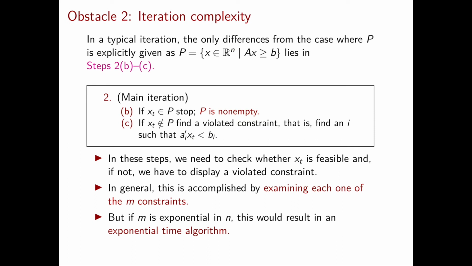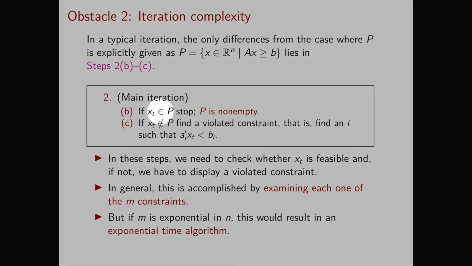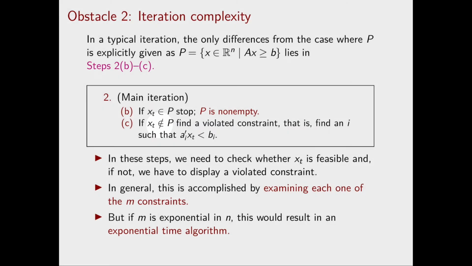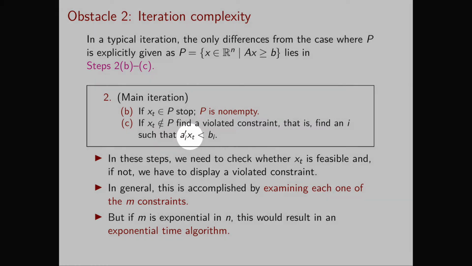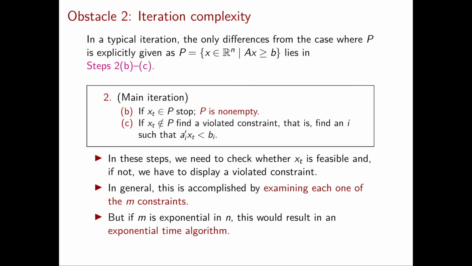Now previously, when we had explicitly the system Ax greater than or equal to b, both these steps were accomplished by examining each one of the m constraints. Everything we had to do was to plug in the vector xt and check every single constraint. If all of them were satisfied, we knew that xt was in P, otherwise we knew that xt was not in P, and this is because we found the constraint violated by xt.